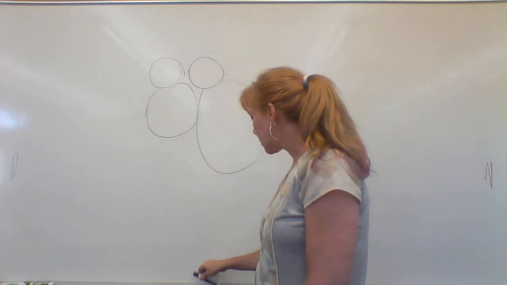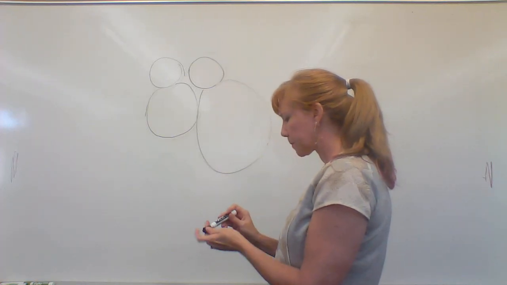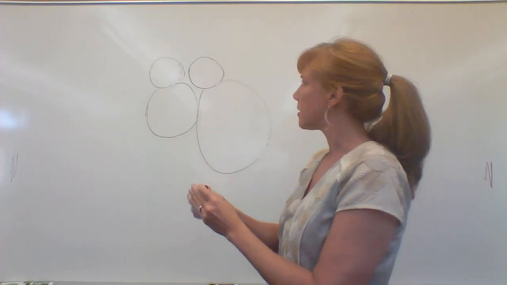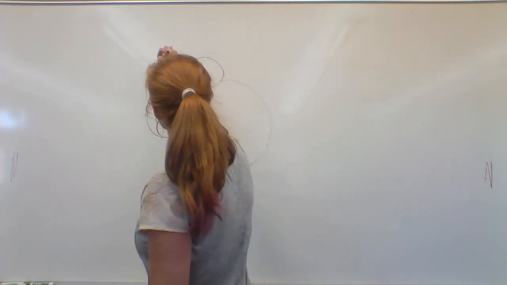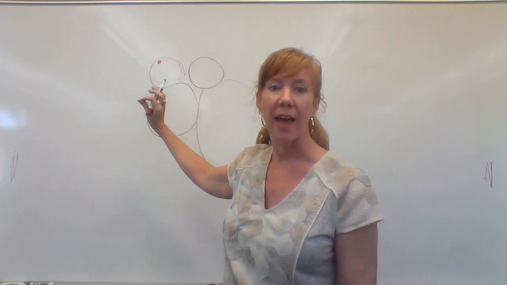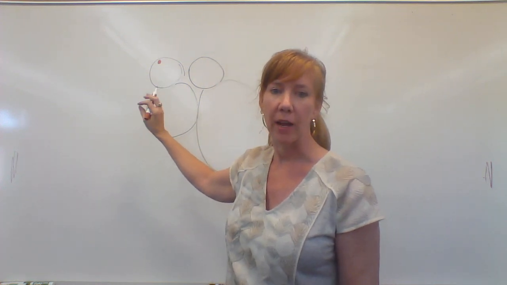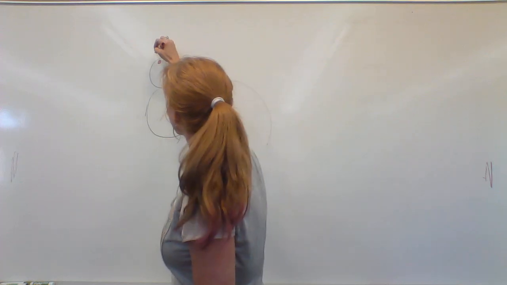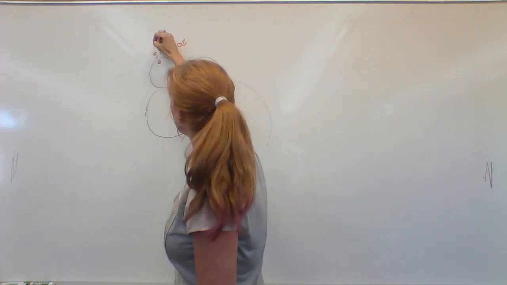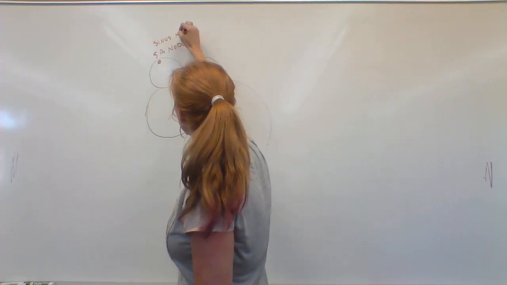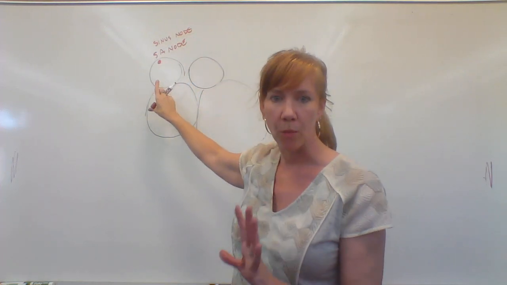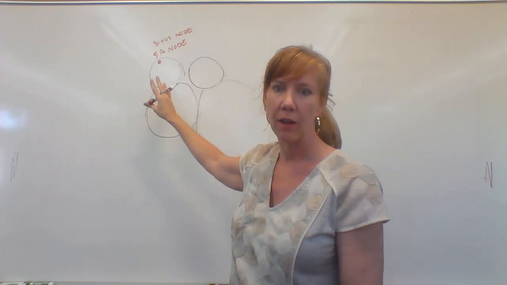All right, so let's put some structures in here. The first one to start us off is the sinus node. We can call it the sinus node, or the SA node, the sinoatrial node. This is where sinus rhythm, normal heart rhythm, starts.